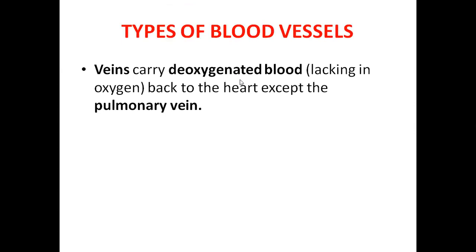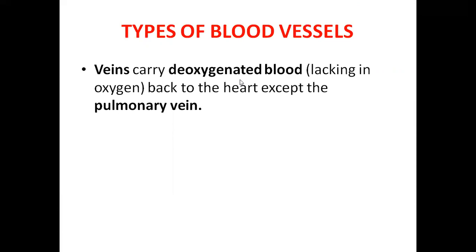Then the veins. The veins carry deoxygenated blood, that means lacking in oxygen, back to the heart, except the pulmonary vein. The pulmonary vein is an exception because it carries oxygenated blood from the lung to the left side of the heart.